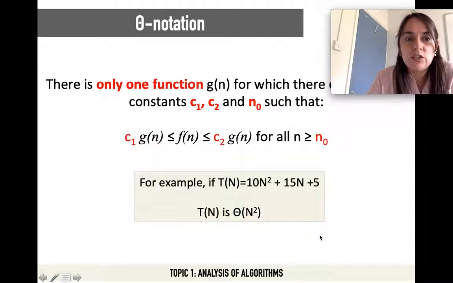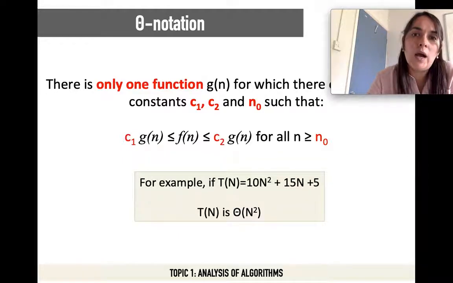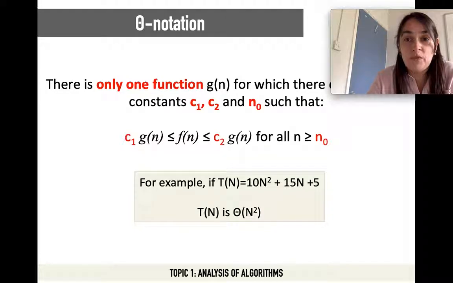The theta notation, unlike the big O and the omega notation, refers to only one function for which there are constants such that this condition applies. So this is a really tight bound, and it's really useful because if your algorithm can be described in terms of theta, you have a really tight bound.